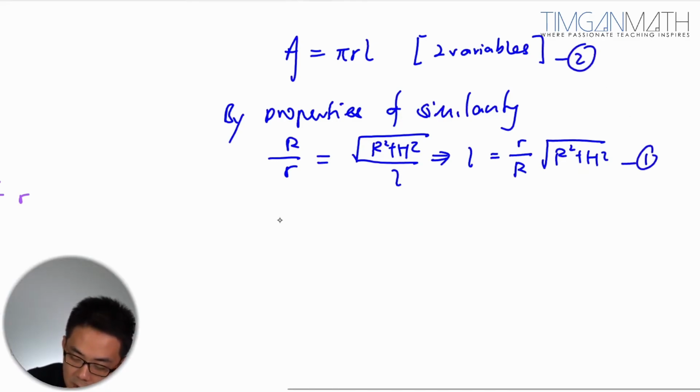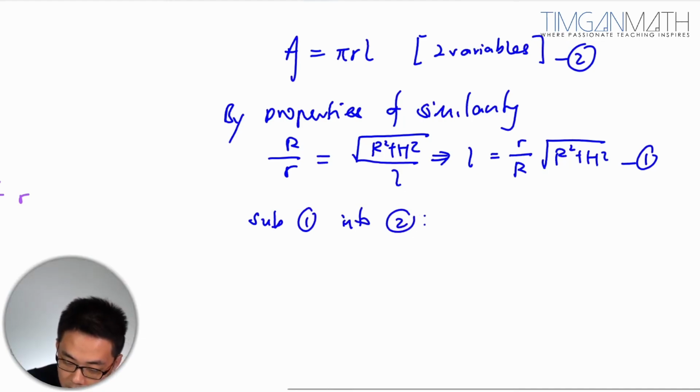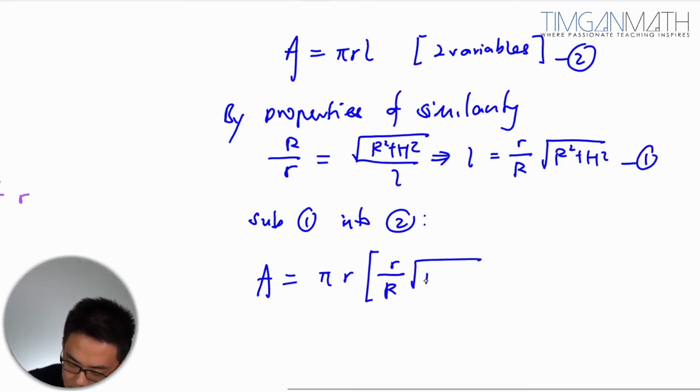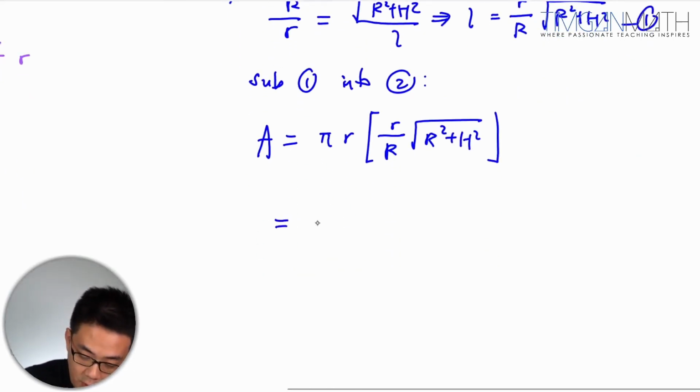So I just sub 1 into 2. Then what we get is A equals pi r over R times the square root of r squared plus h squared. Now there you go. Once done, shouldn't be a problem there. I will gather that these are all constants, so the constants I'm not too worried.